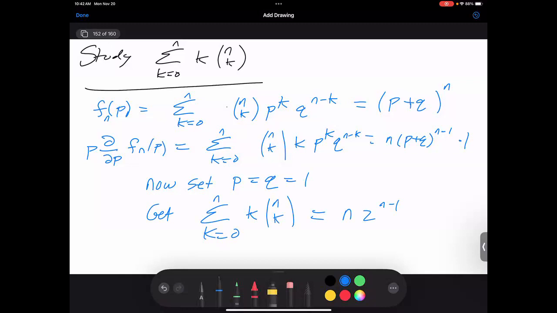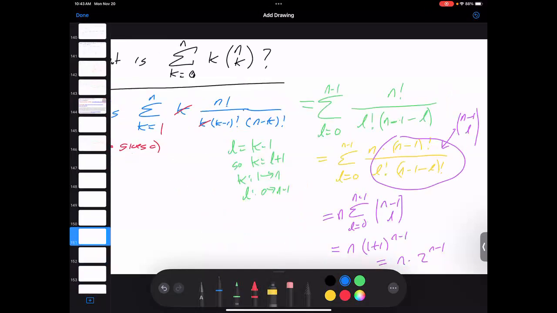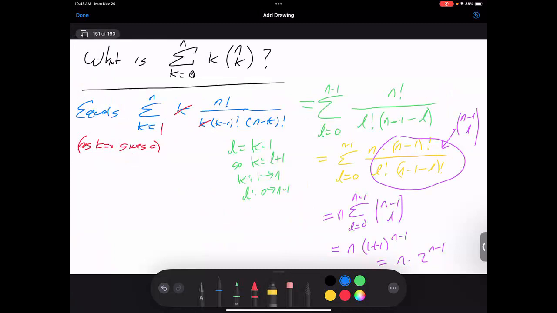So we use differentiating identities again. Differentiating identities is an absolutely wonderful technique. And it allowed us to check and see that it is n times 2 to the n minus 1. So the calculation we did a moment ago was correct.